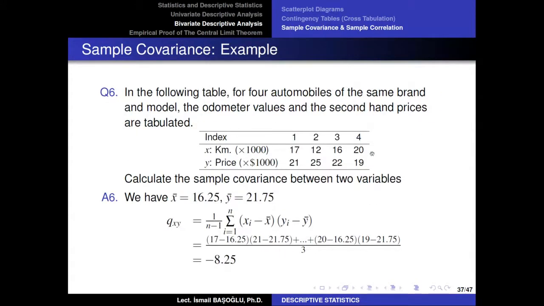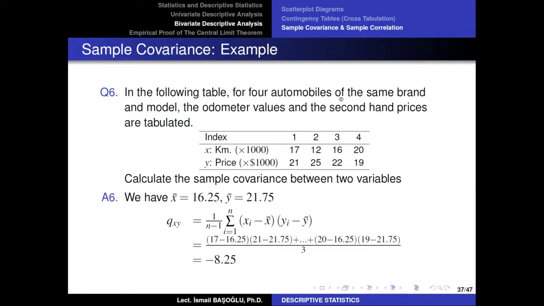Now, let's practice the sample covariance formulation in this example. This is a small size example again. It is not a good idea to work with such small sample sizes, but we are giving this example for practicing purposes. Our objective is to calculate the sample covariance in a very easy manner in this application.